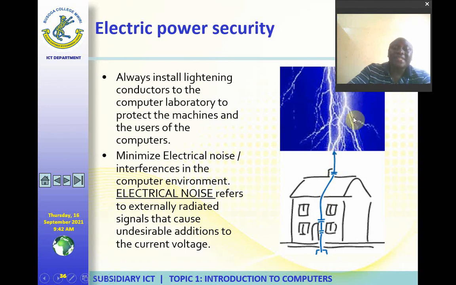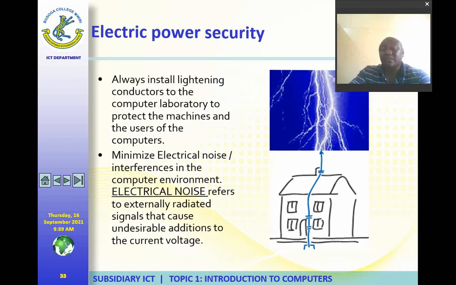This is also to minimize electrical noise or interference in a computer environment. Electrical noise refers to any externally radiated signals that cause undesirable additions to the current voltage.